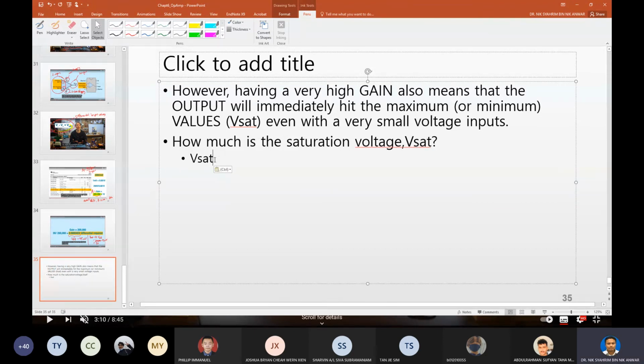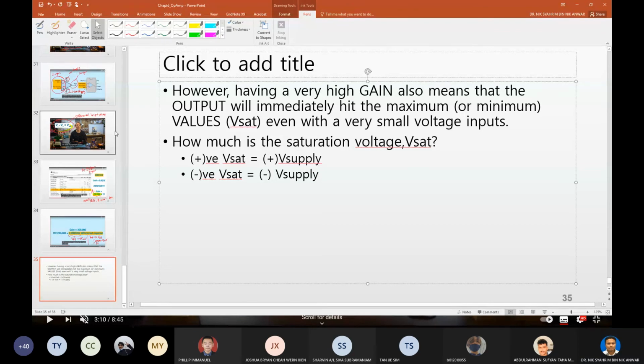So we can say that the positive VSAT is equal to the positive V supply, and the negative saturation, which means in the negative direction, is equivalent to minus V supply.